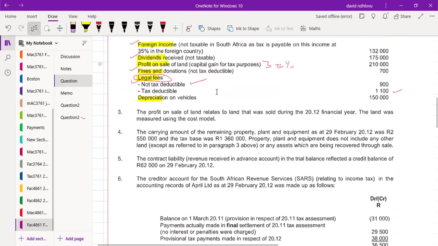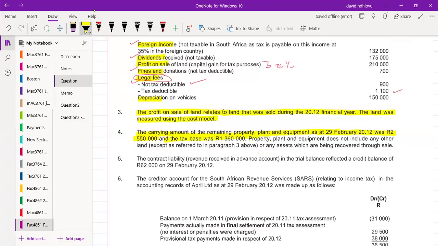Then they continue and say, profit on the sale of land relates to the land that was sold during the 2012 financial year. The land was measured using the cost model. The carrying amount of the remaining property, plant, and equipment as of 29 February 2012 was 2550, and the tax base was 1360.